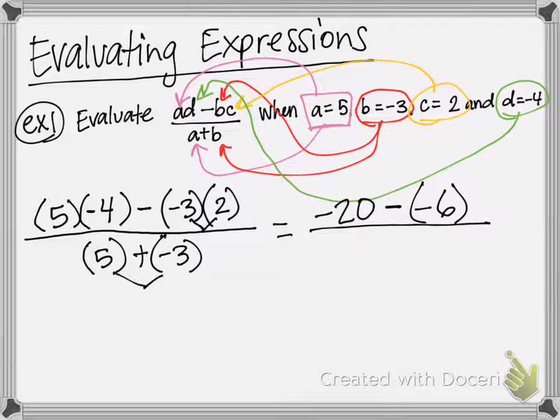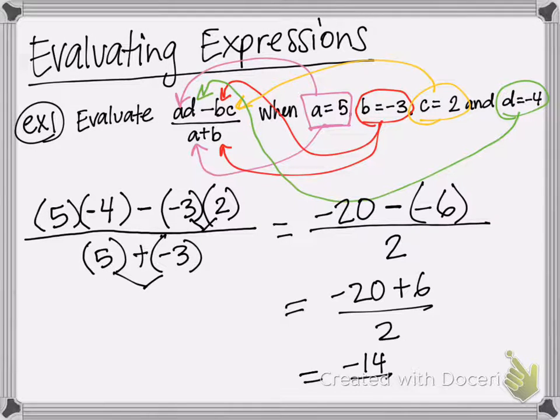And then on the bottom here, I have 5 plus -3, which I know is 2. Right, I'm going to simplify the top, so I have -20 plus 6 over 2, and then finally -20 plus 6 is -14 over 2, which will simplify to -7. Okay. So we just plug in the right numbers, and then we simplify. That's it.